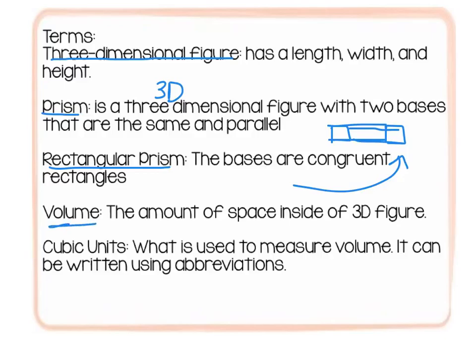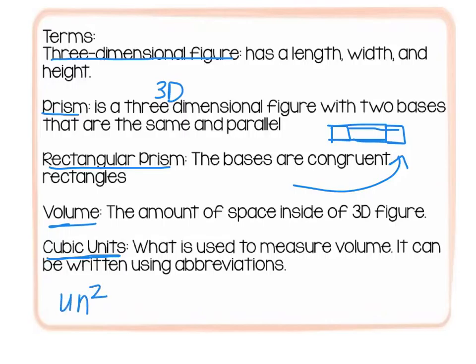Volume is the amount of space inside a 3D figure. So if I had a box and I filled it with water, or an aquarium, I figure out how much water I can put in by figuring out the volume. Cubic units are what we use to measure volume. For area, if we had units, we would make it squared.